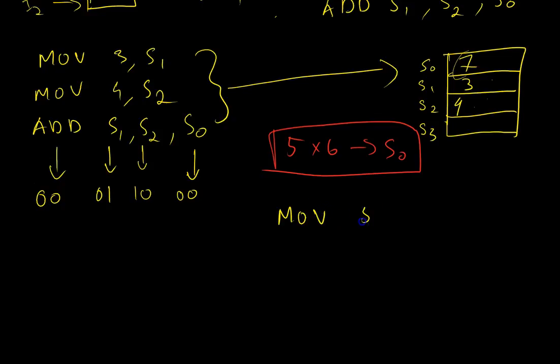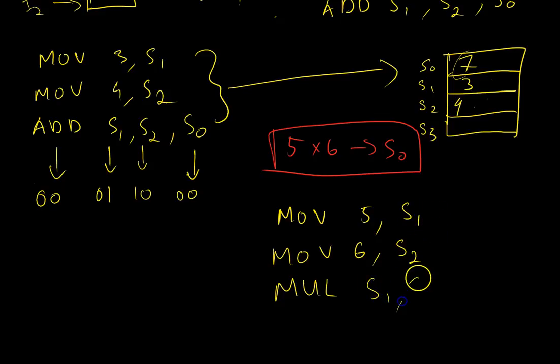So we move the number 5 into one of our slots, let's say S1, and then we also move the number 6 into S2, and then we just use the multiply instruction to multiply our two terms, which are stored in S1 and S2. So multiply S1 by S2, and as the problem says, store that into S0.